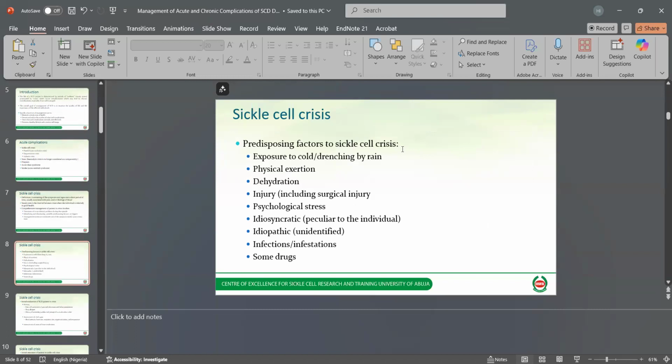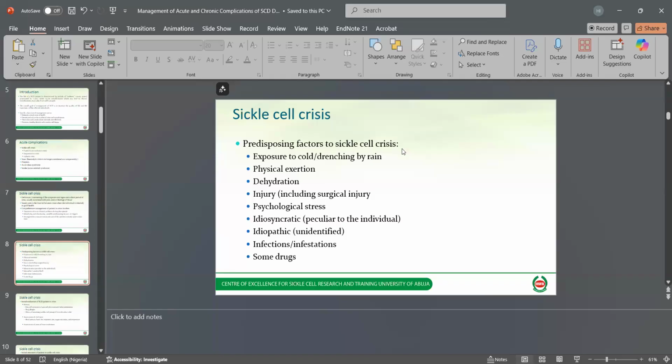These are the predisposing factors to sickle cell crisis. We have exposure to cold or drenching rain, physical exertion, dehydration, injury, including surgical injury, psychological stress, and idiosyncratic, that is peculiar to the individual, idiopathic or unidentified.